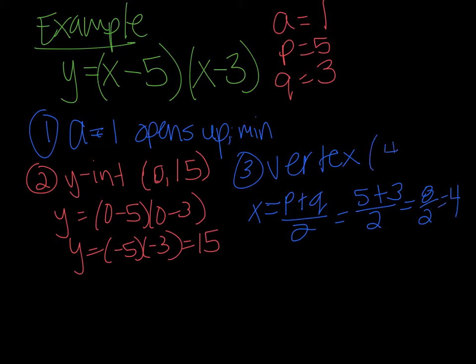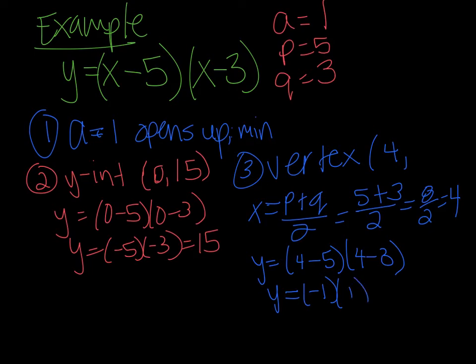So to find my y value, I'm now plugging 4 back into my original equation. So I get y equals 4 minus 5 times 4 minus 3. Here y equals a negative 1 times a positive 1, which gives us ultimately a negative 1. So my vertex is at 4, negative 1.